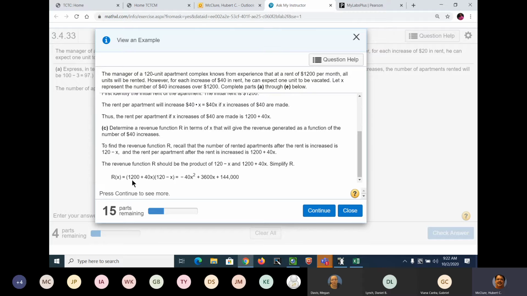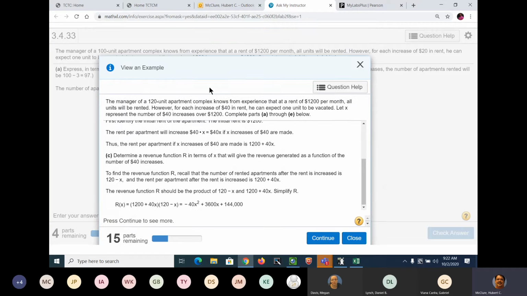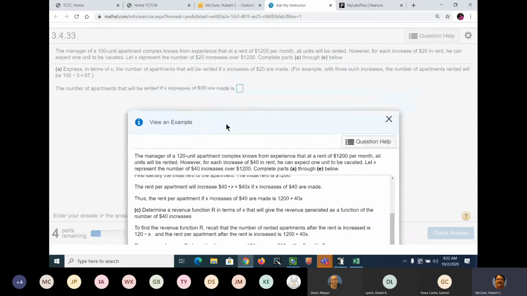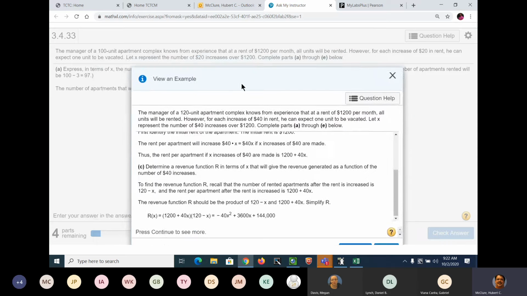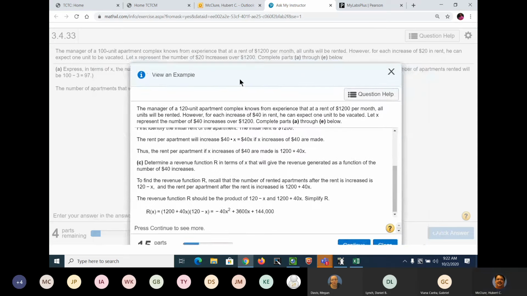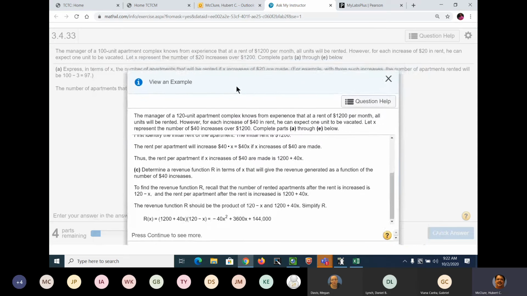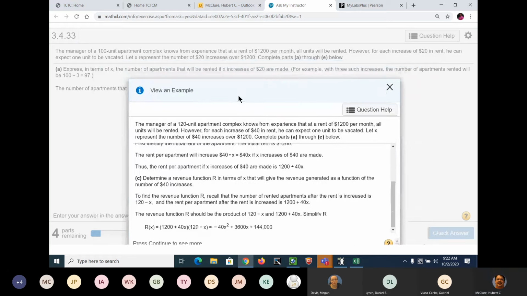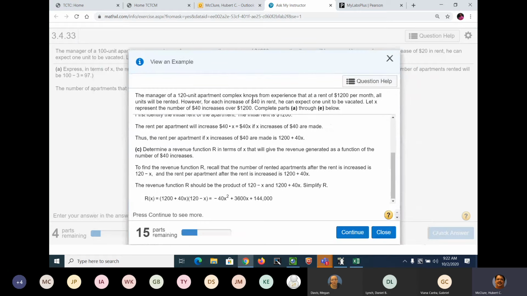And then 1,200, that's your total, plus whatever the rent increase is, times X, because the rent increase is times the number of units. So in this case, write this down. It's going to be 1200 plus 20x, and then 100 minus x. So let's write that down before we forget it.